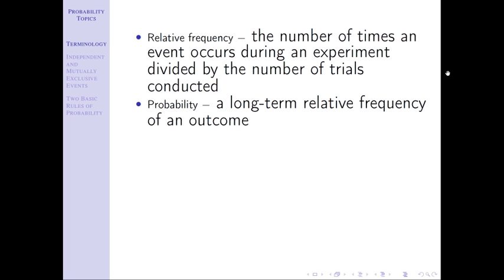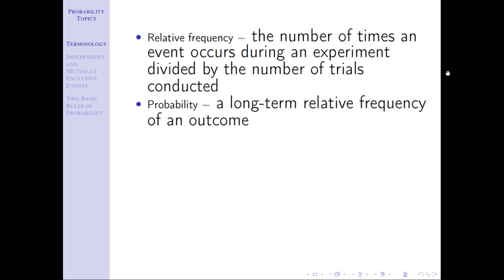And then probability, however, is a long-term relative frequency. And what I mean by long-term is, now we're thinking about theory. And this is where we start to get a little weird in the course, because we're talking about something that doesn't necessarily exist. We're just talking about the theory of long-term.